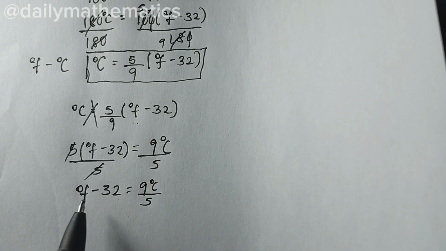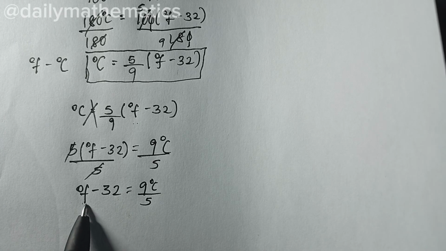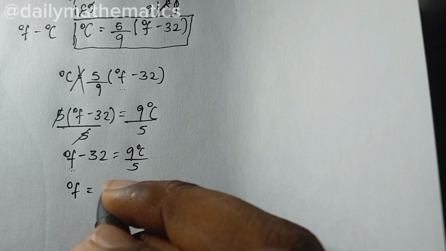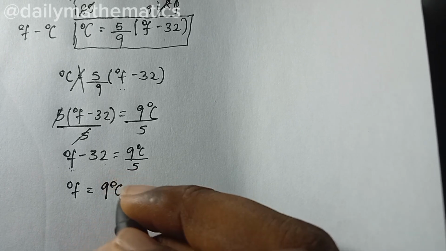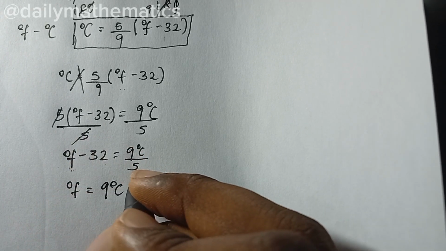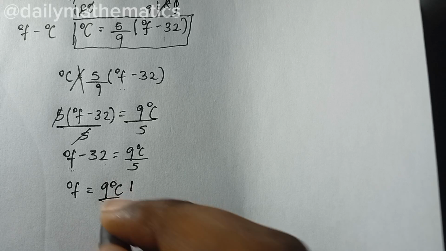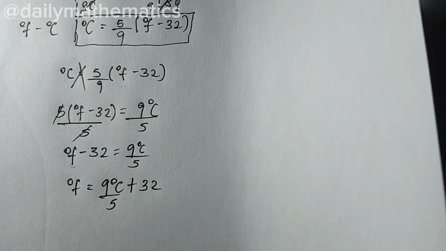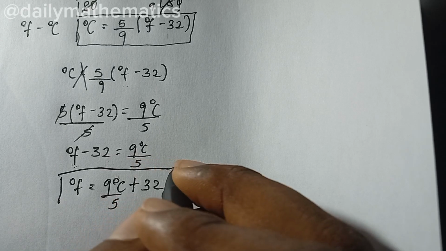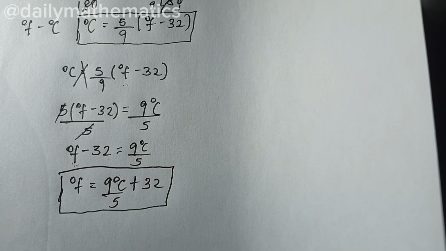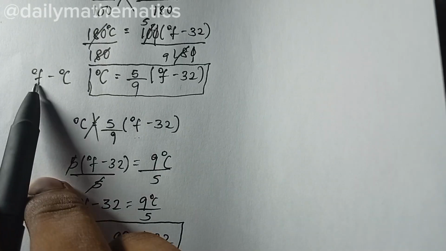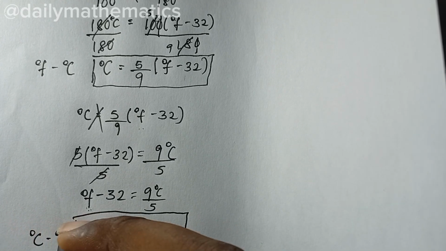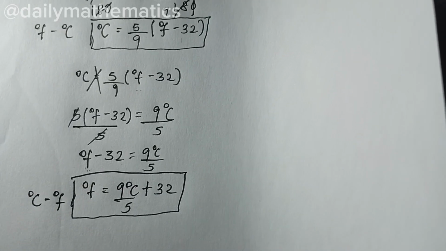But we want to make degree Fahrenheit the subject of the formula. We'll have degree Fahrenheit equals 9 degrees Celsius over 5, plus 32. And so from here we have our formulas. This is for converting degree Fahrenheit to Celsius, and this is for converting Celsius to Fahrenheit.